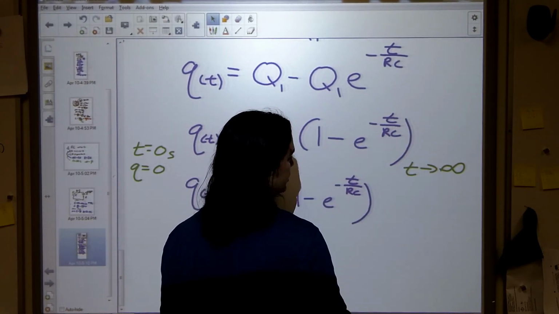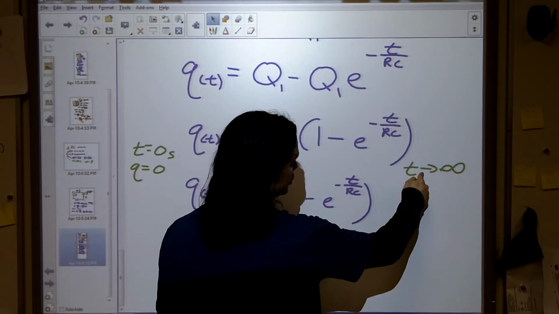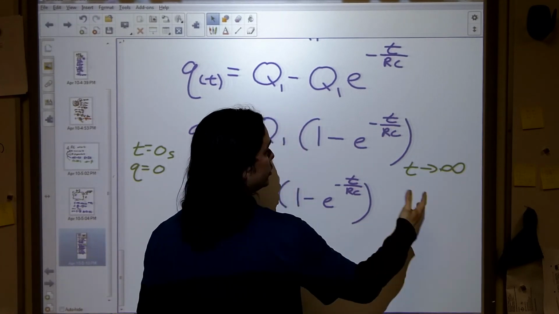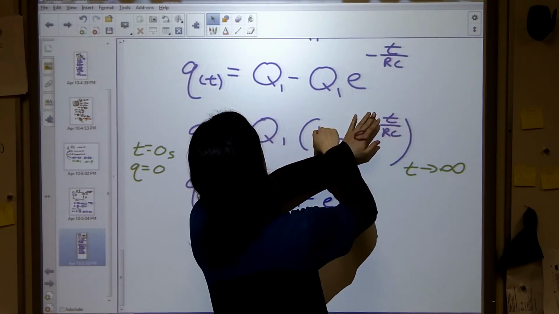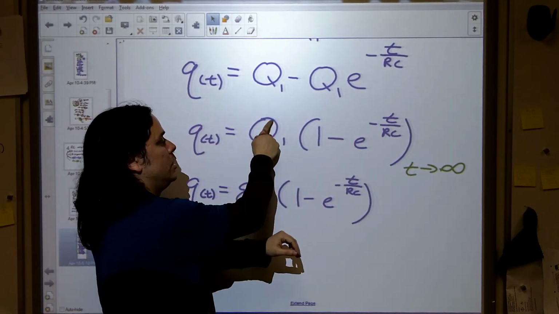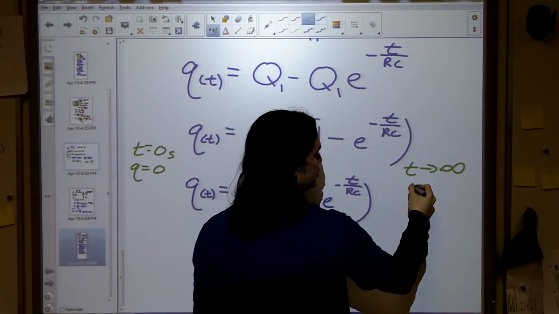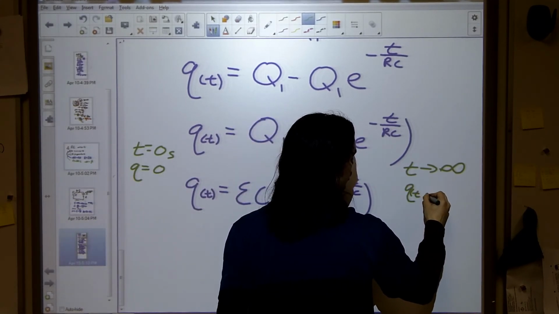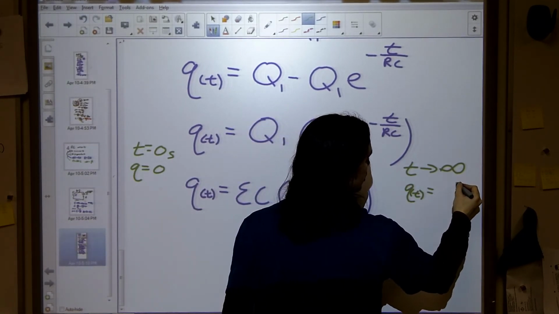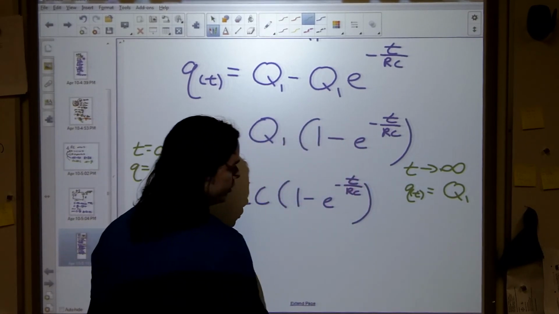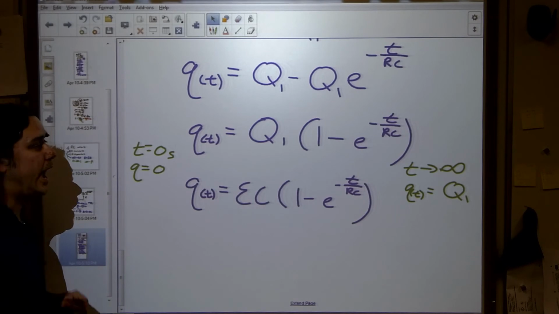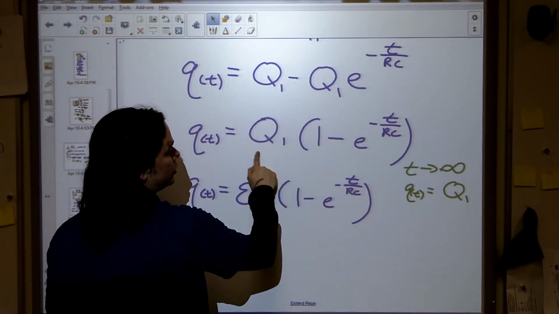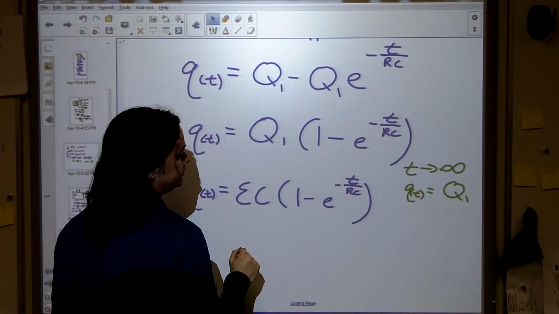So 1 over an increasingly large number eventually, as that number goes to infinity, goes to 0. So we have 1 minus 0, that disappears, and we have 1 times, this is why I switched it out, the total charge. At t goes to infinity, the charge on the capacitor goes to Q1, the total charge. This equation meets our boundary conditions. And it can be seen best when you treat this as the total charge.